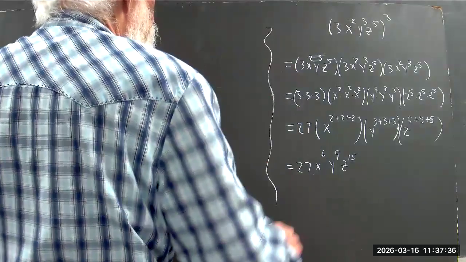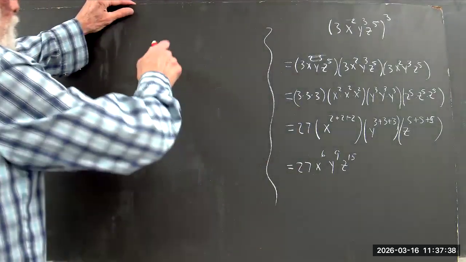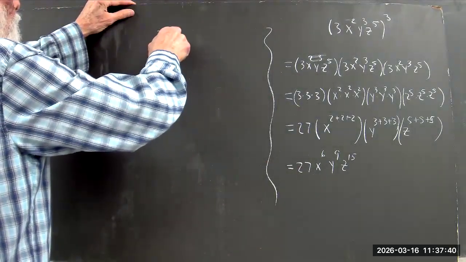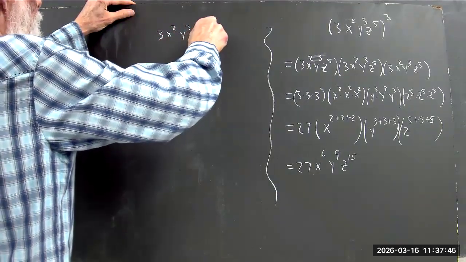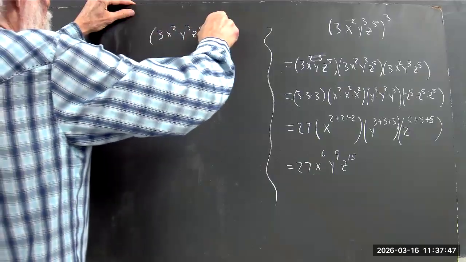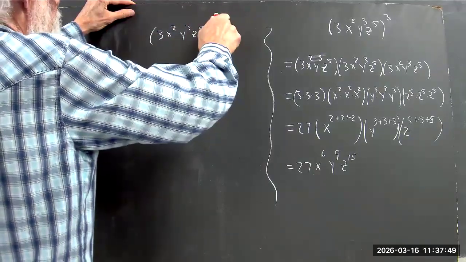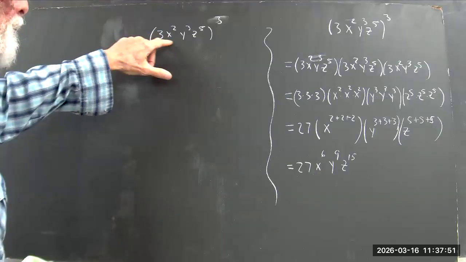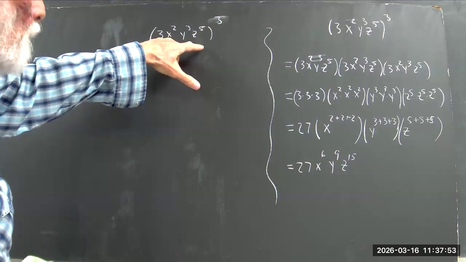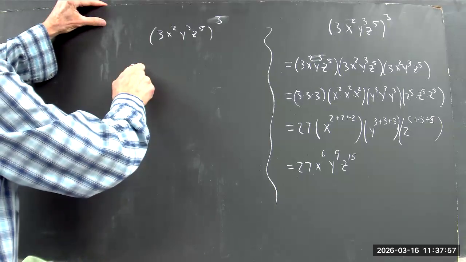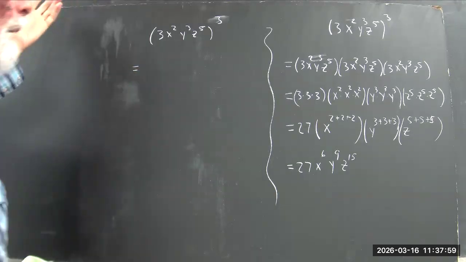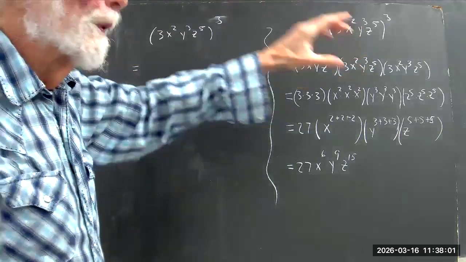Okay. The other way to do it: write out the original expression again. 3x squared y cubed z to the 5th, the whole quantity raised to the 3rd power. We can see what happens from what we did before.